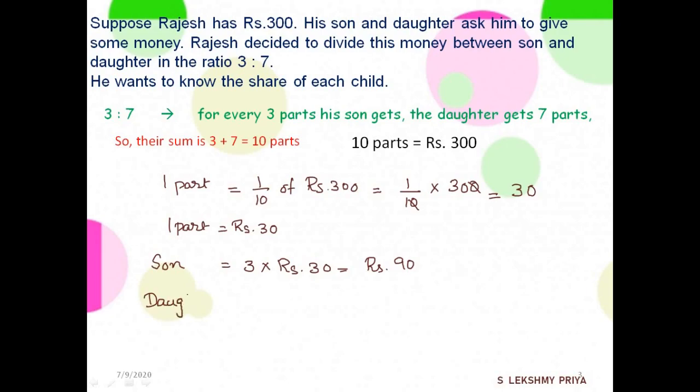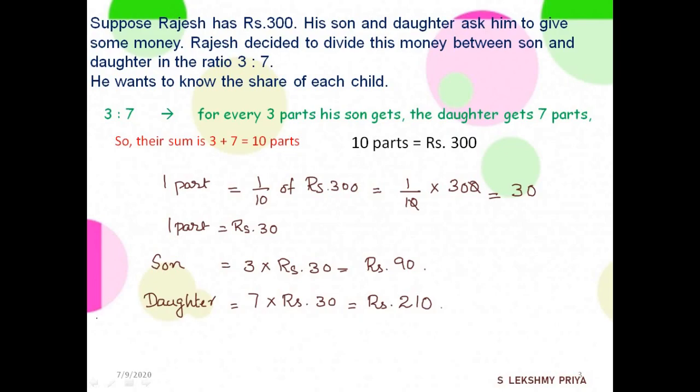So the daughter will get 7 times rupees 30. It will be rupees 210. So the answer is, when we divide rupees 300 in the ratio 3:7, the first share will be 90 and the second share will be 210.